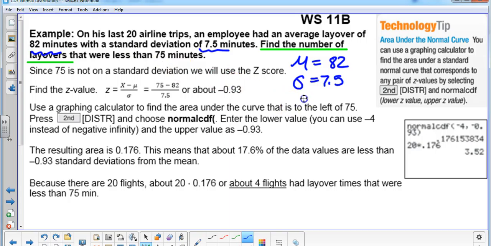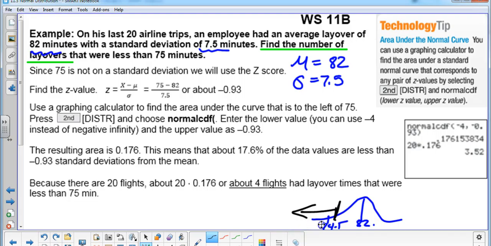So we need a z-score because if we were to draw this and we did 82 and we subtracted 7.5, what's 82 minus 7.5, guys? 74.5, okay? But he wants to know less than 75. So he's not quite at that one. He's here, and he wants to know below that.